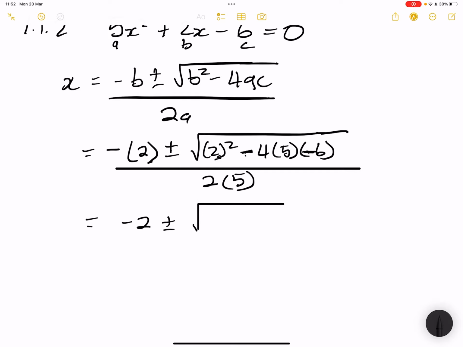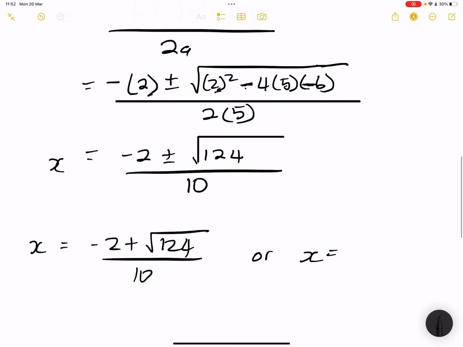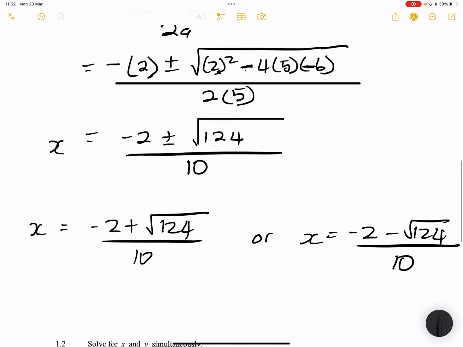So all of that, that's going to be 124. This is divided by 10. So you've got minus 2 plus the square root of 124 over 10, or x is equal to negative 2 minus the square root of 124 divided by 10.